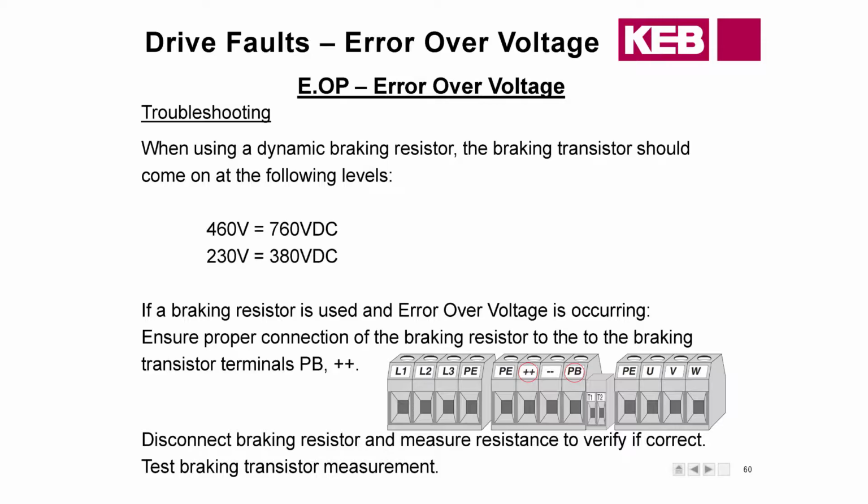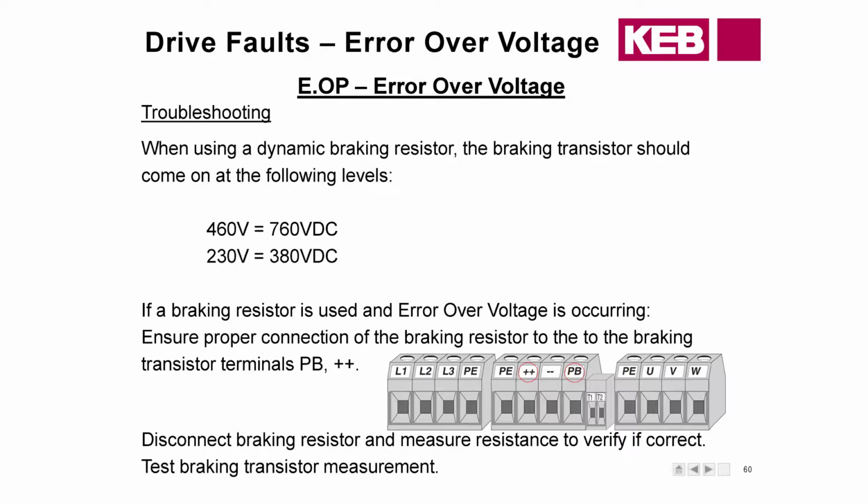What we recommend as the threshold for our drive is 2%. So your phase to phase should not be any more than 2% different. For a 460 volt drive, that's approximately 8 to 10 volts. Anything above that, you could have some potential issues.